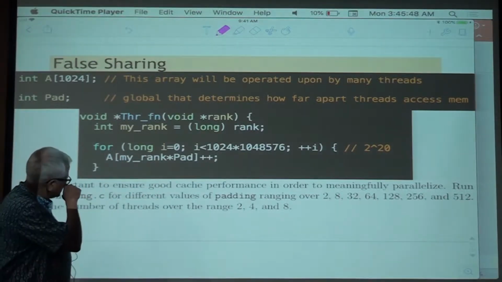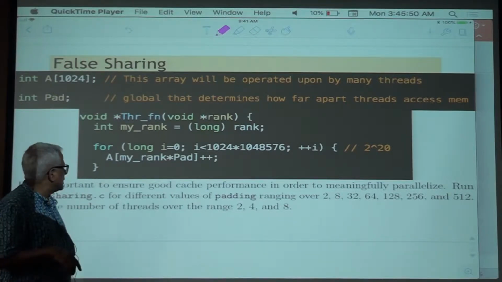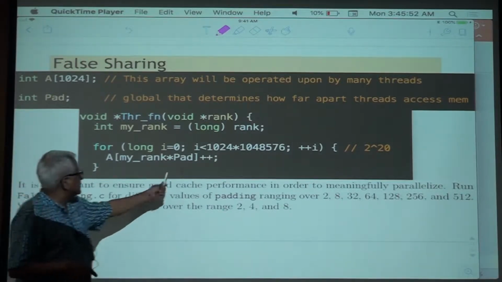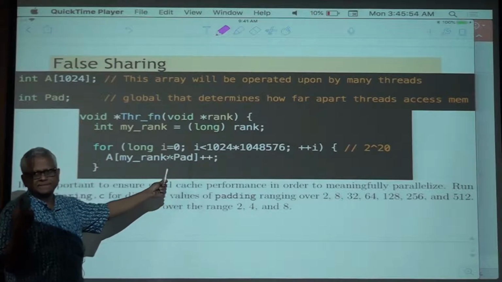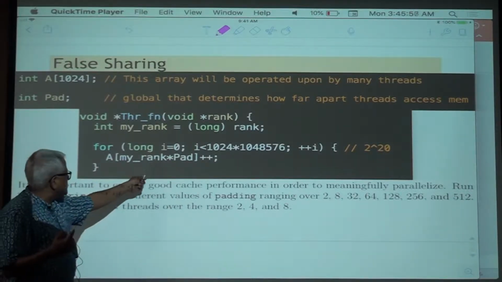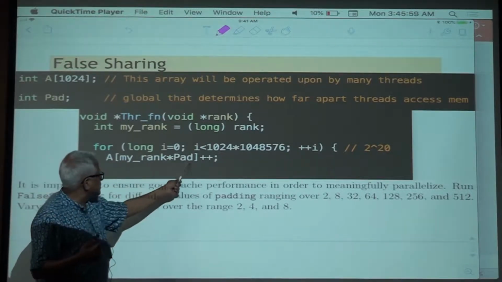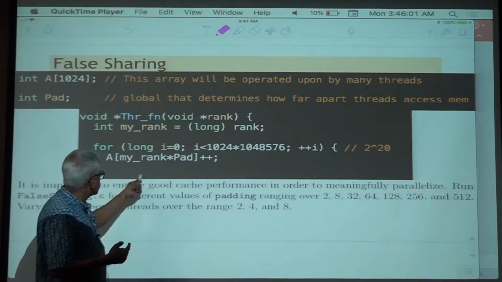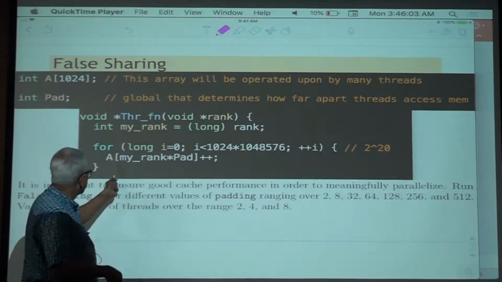Padding factor can even be 1. So even if padding factor is 1, my rank could be 0. So this thread is doing a[0]++. The next thread is doing a[1]++. They are not falling on the same word, so everything is fine. But they will fall on the same cache line.